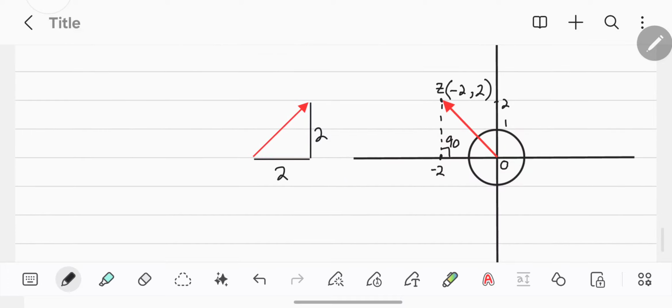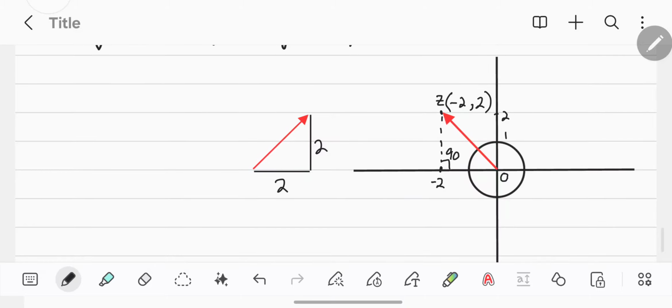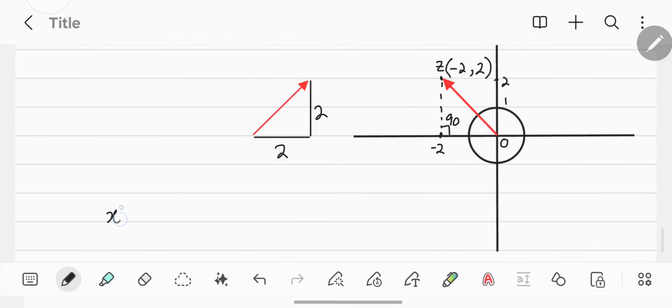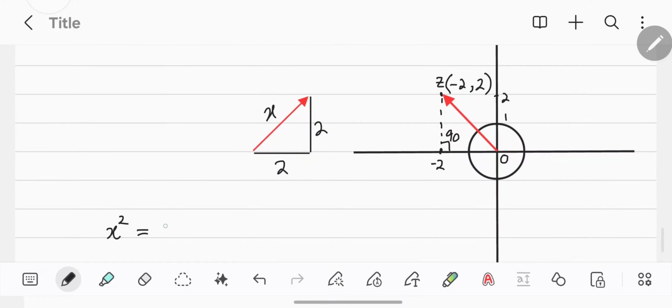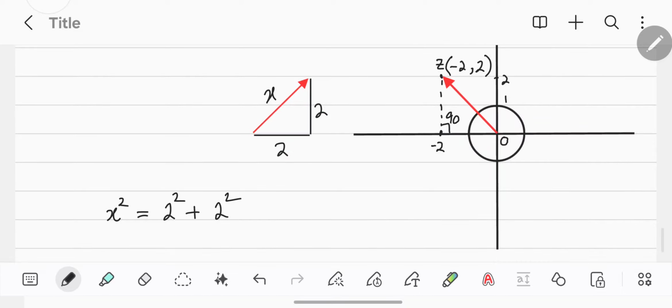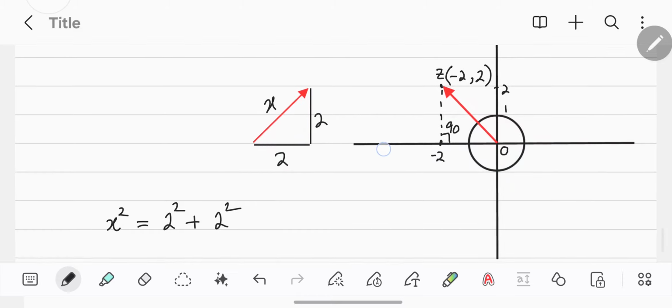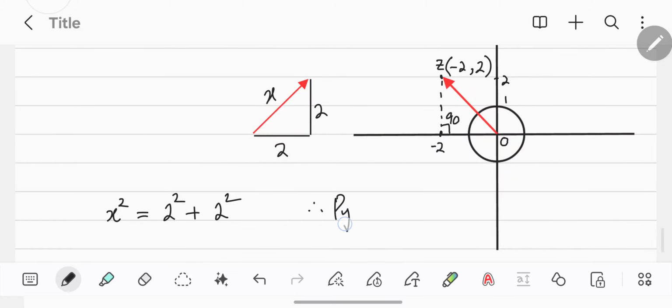If we use the Pythagoras theorem, we can easily find it. x square is equal to 2 square plus 2 square, the square of this length plus the square of this length, which is called the Pythagoras theorem. This is height, this is base, so height square plus base square is equal to hypotenuse square.